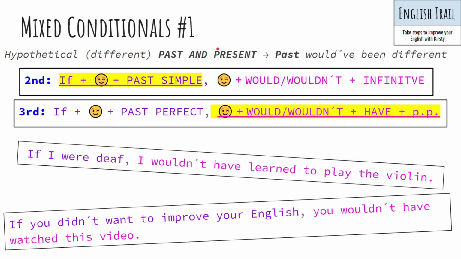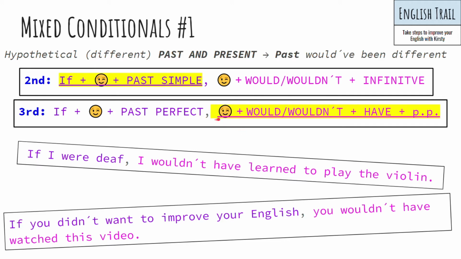So there are two types of mixed conditionals. This is the first one, and you take the first half of the second conditional structure and the second half of the third conditional structure. I've put them in yellow here so that you can see.